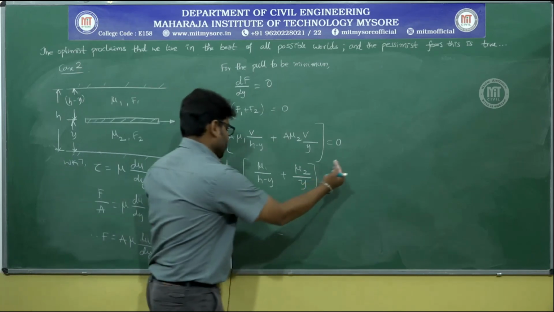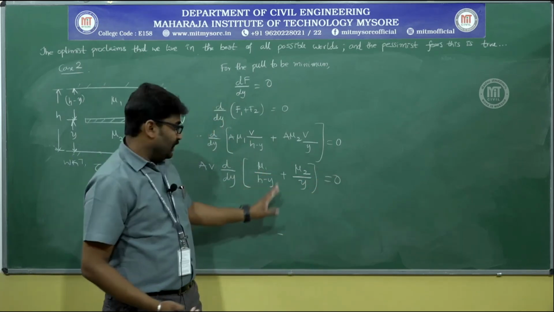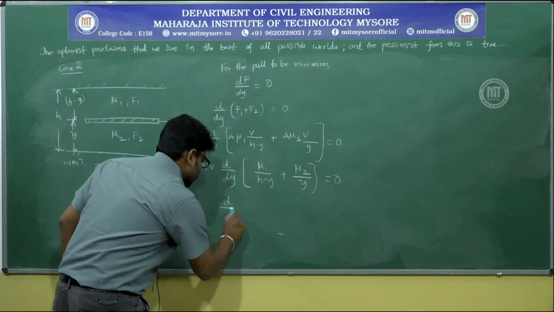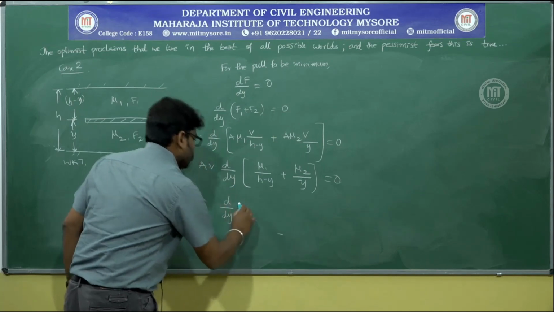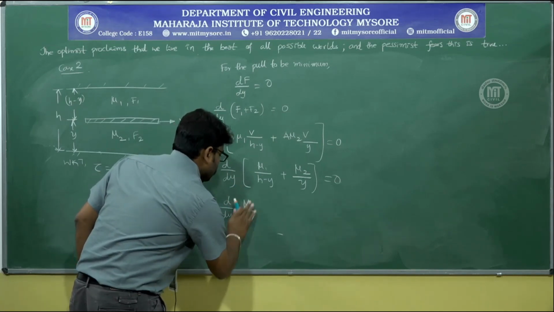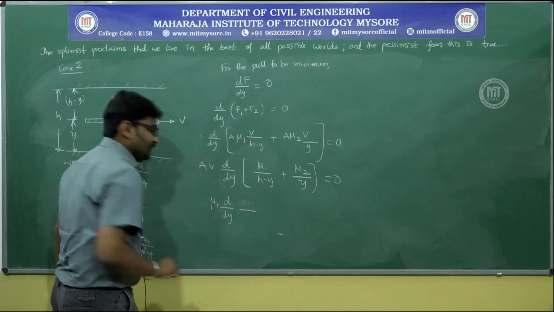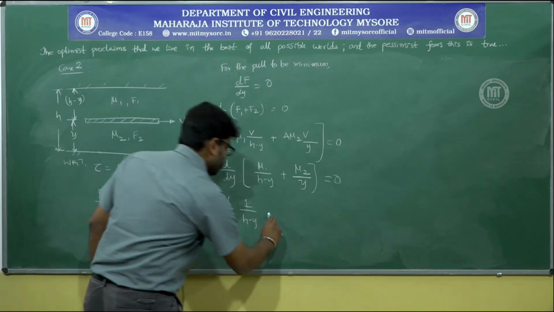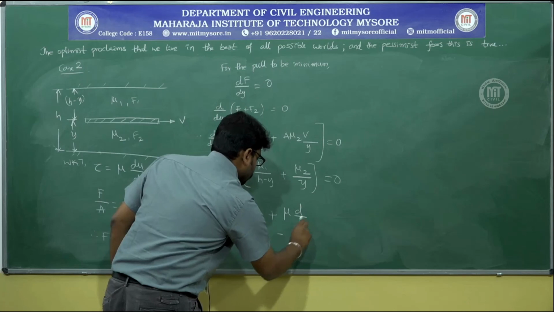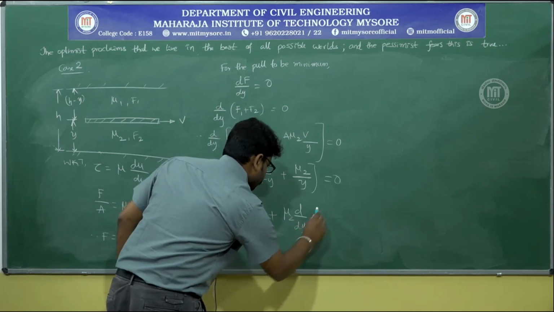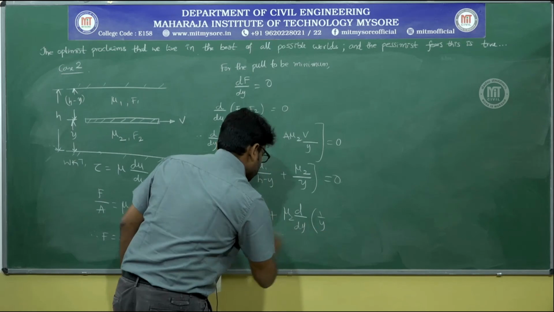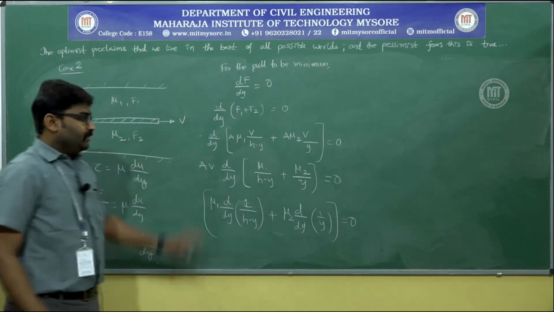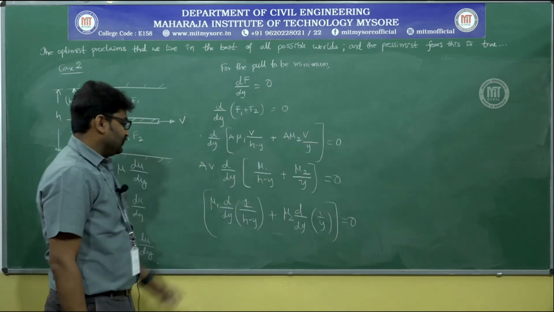So, the equation remains d by dy of mu1 by h minus y plus mu2 by y must be equal to 0. Mu1 is a constant, so I can write this as mu1 into d by dy of 1 by h minus y plus mu2 into d by dy of 1 by y. This must be equal to 0, because A and V would have already cancelled.